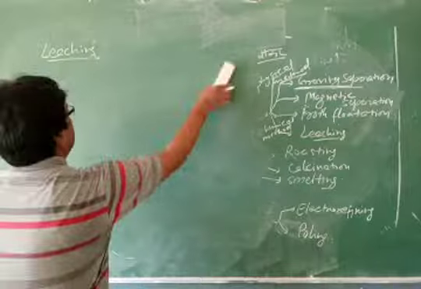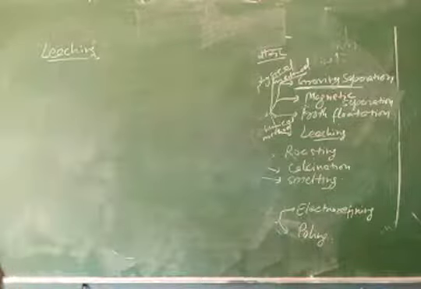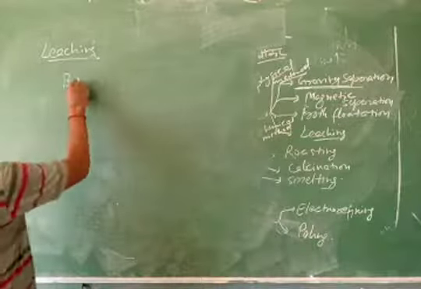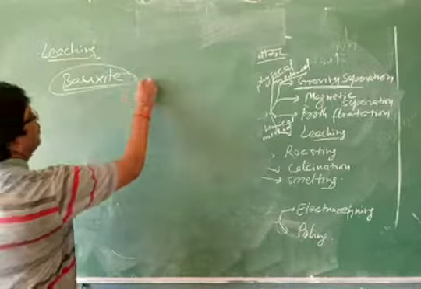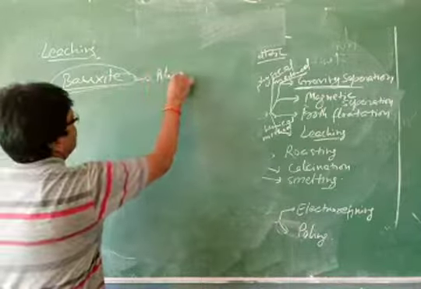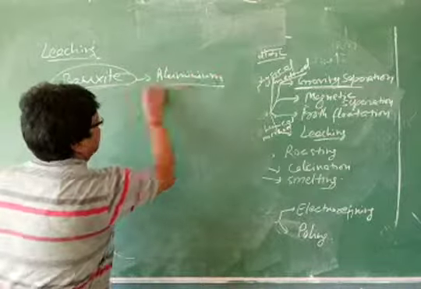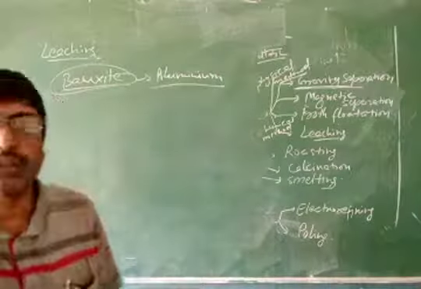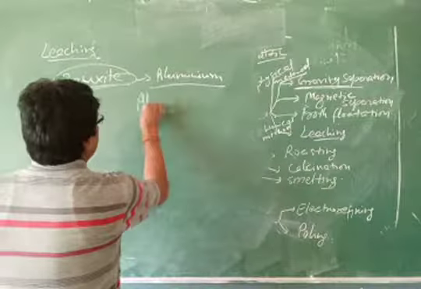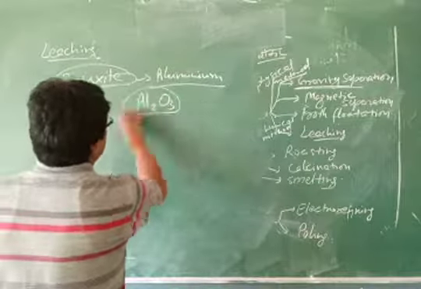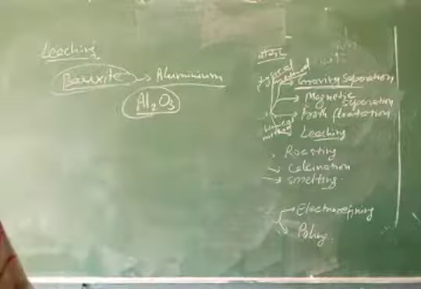Take the leaching of bauxite. Bauxite is the ore of aluminium, with chemical formula Al2O3.